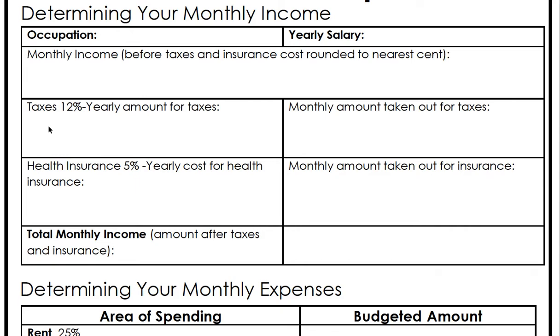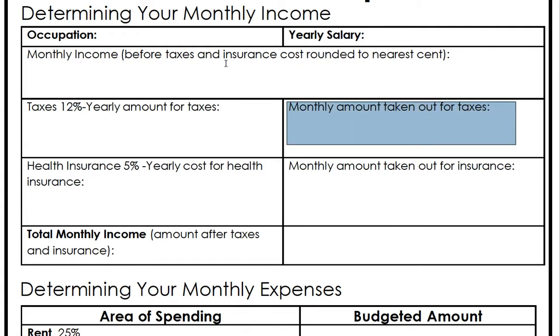Then I would calculate here, I need to subtract 12% from my yearly salary. Calculate what 12% of that amount is. Divide that number that you got right here, divide it by 12 to figure out what your monthly amount is.